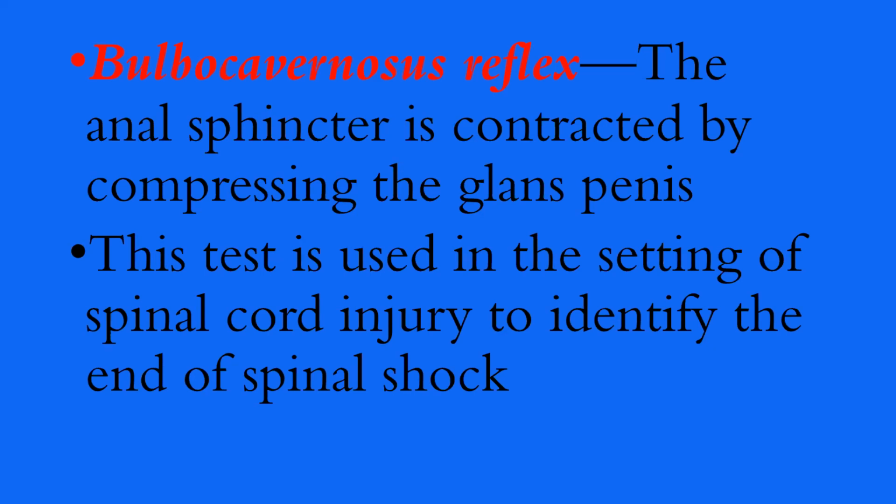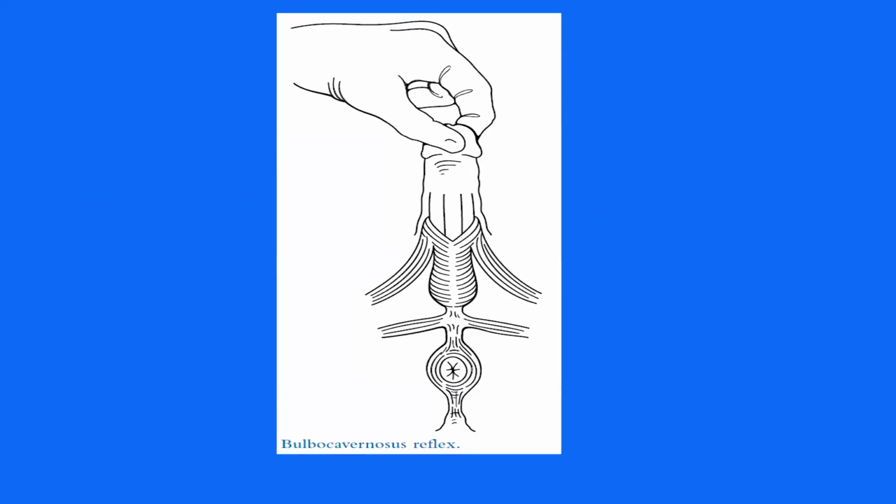This test is used in the setting of spinal cord injury to identify the end of spinal shock. This is the glans penis, and he should have his finger in the anus. If he presses and there's a contraction of the anus, it tells you that this patient is out of spinal shock.